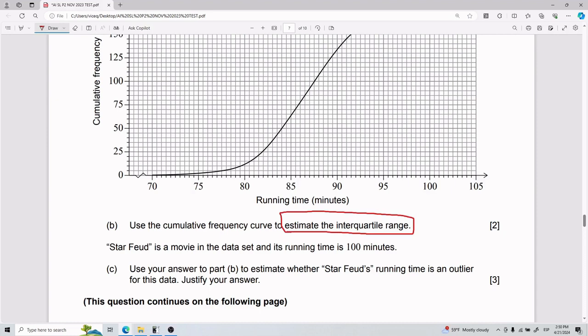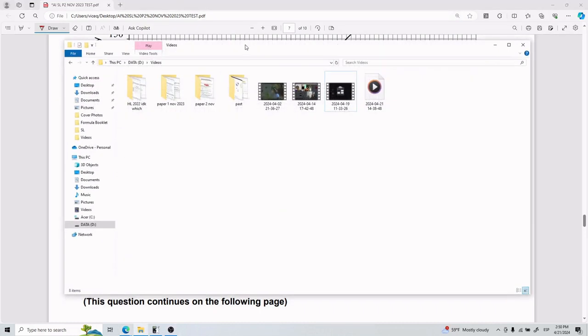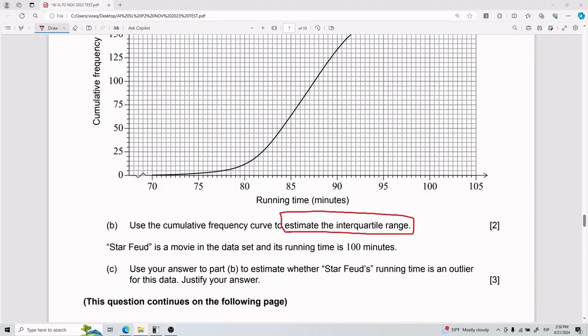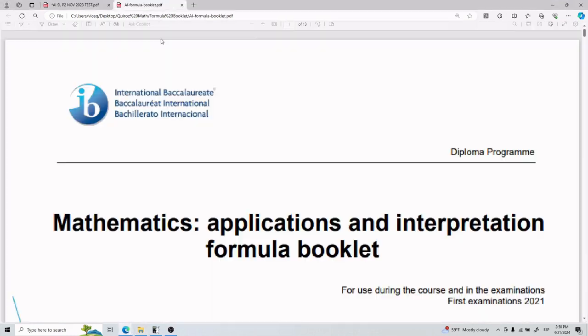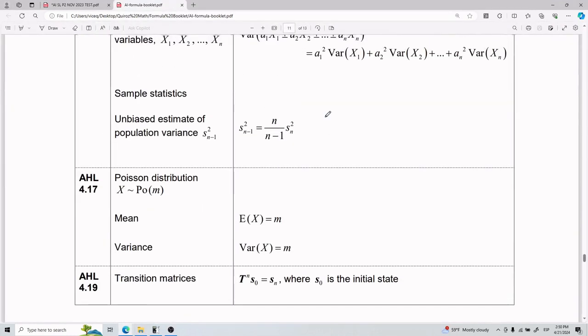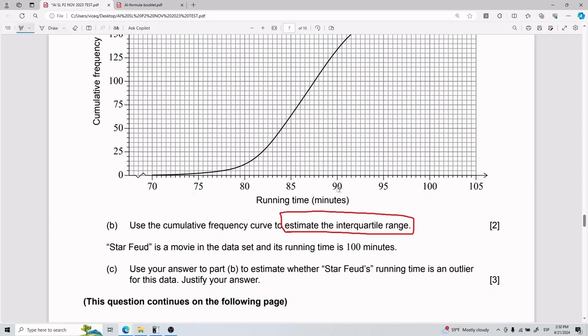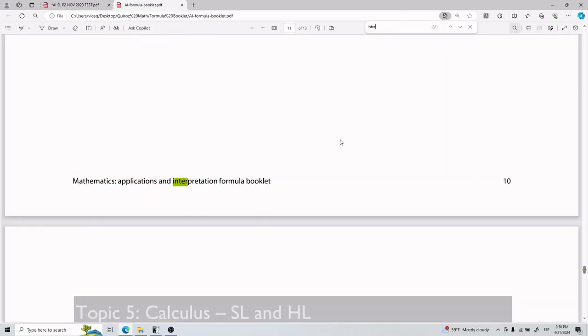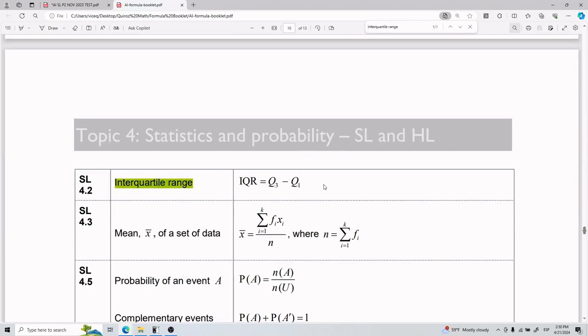And so interquartile range, you're probably thinking, I think I know what that is, right? And so you're going to go ahead and open up your formula booklet, which is right there. And so over here, you've heard about interquartile range. It's a buzzword you've identified before. And so you look it up and say interquartile range, and there it is. Q3 minus Q1.